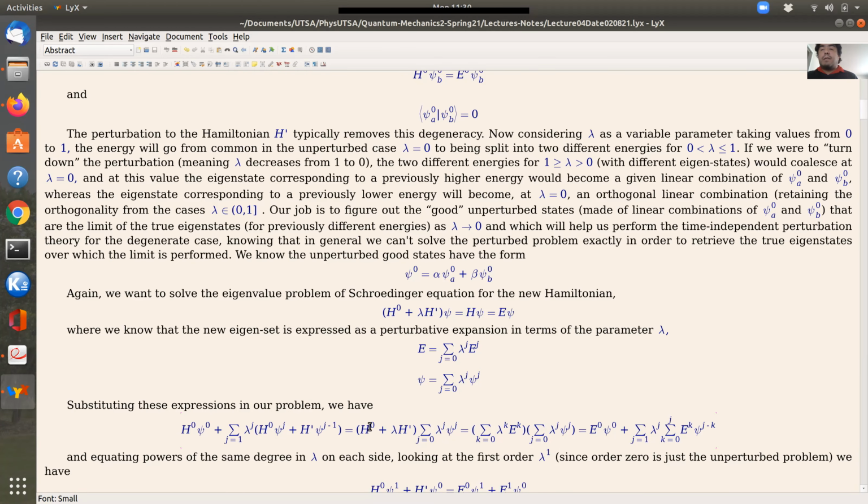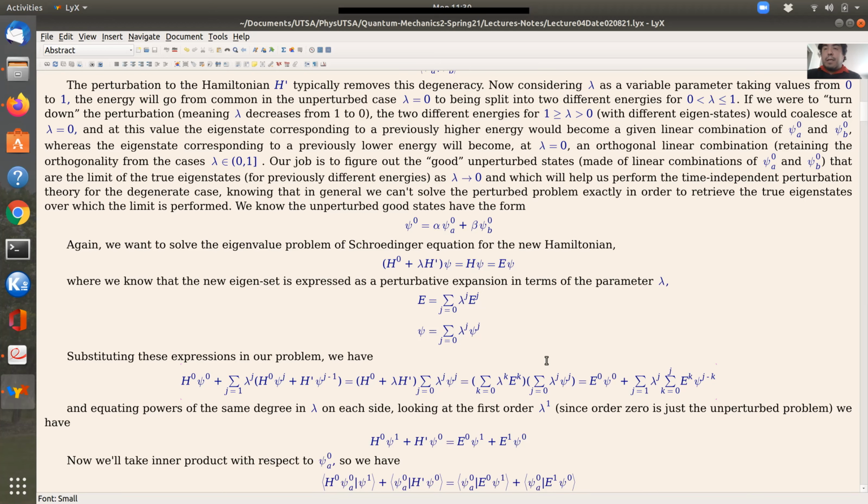This is quite similar to what we did in the last two lectures. So we focus on this expansion: on this side we have the energy expanded in terms of the parameter lambda, with corrections times psi. This is the zeroth-order term, and this is the contribution of higher powers of lambda.